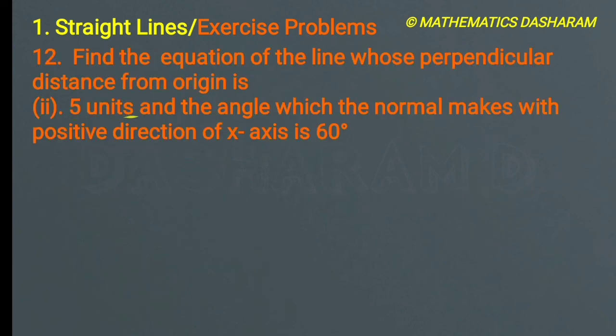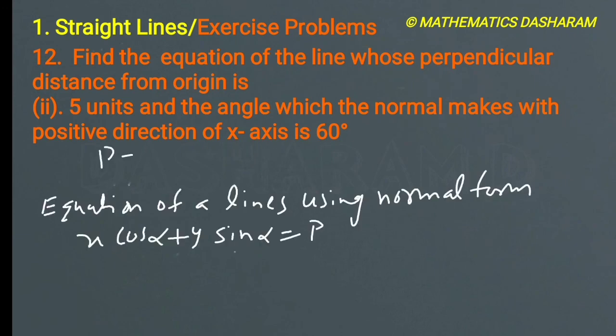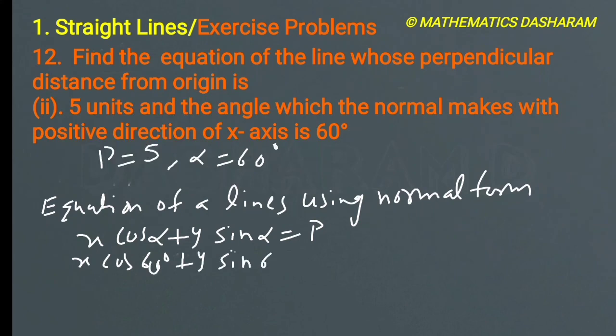Next, the second question: 5 units and the angle is 60 degrees. So here P is 5 units and alpha is 60 degrees. Here is the required equation. So x into cos alpha, 60 degrees, plus y into sin alpha, 60 degrees, P value is 5. X into cos 60 degrees is 1 by 2 plus y into sin 60 degrees is root 3 by 2 equals 5.